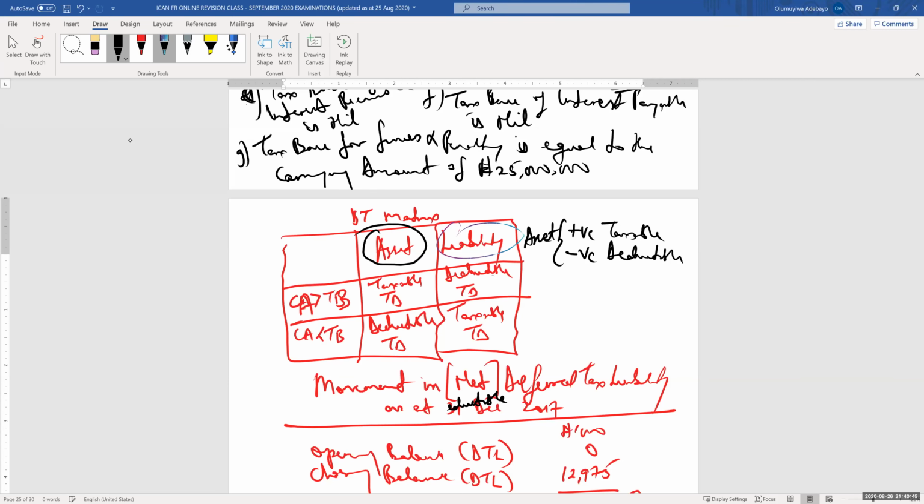Now, for a liability, anytime the carrying amount is greater than tax base, it is deductible, negative. Anytime the carrying amount is less, because I've told you before that asset and liability are opposite, it will be positive, and it is taxable. That is the methodology we have adopted. Is that clear? Yes, very clear, sir.